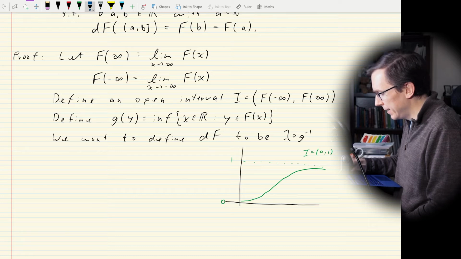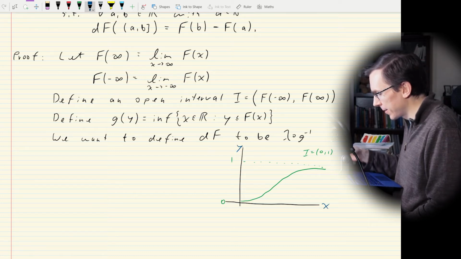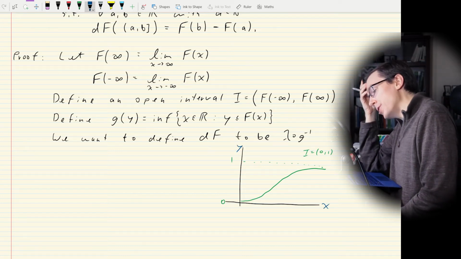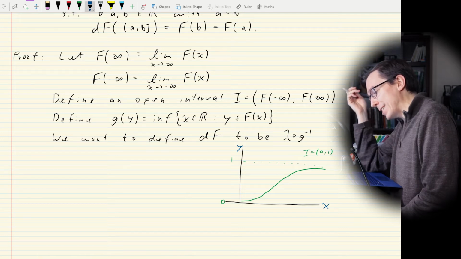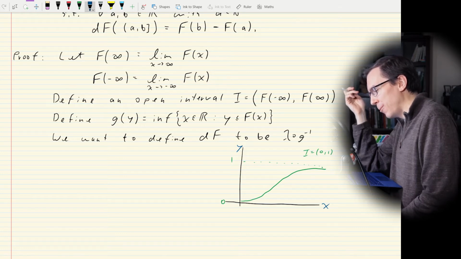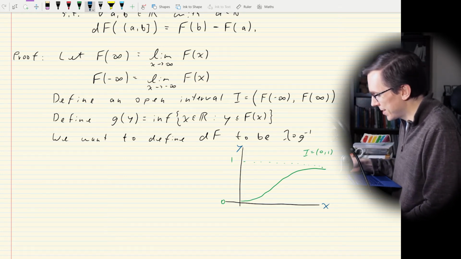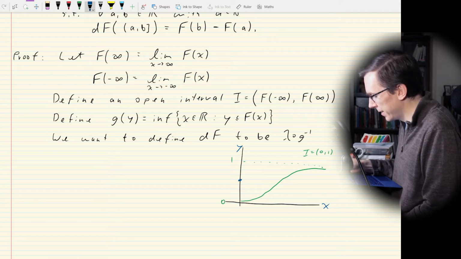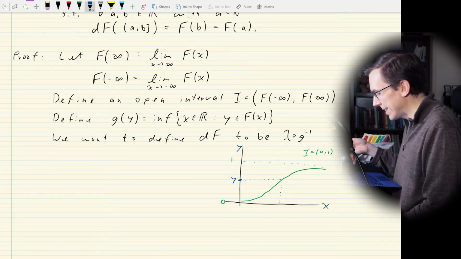Remember, y is our vertical axis, x is our horizontal axis. So g is going to give us the smallest x value such that y is less than f of x. So if we pick some y here on the vertical axis, then this is the smallest value x such that y is less than or equal to f of x.